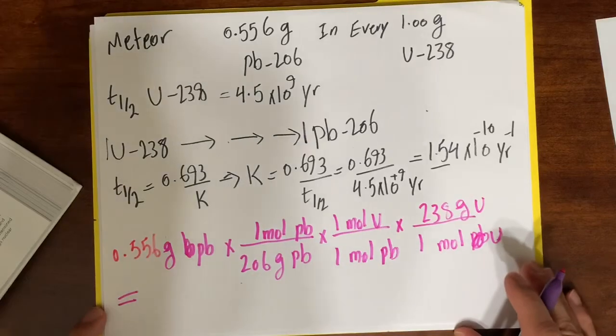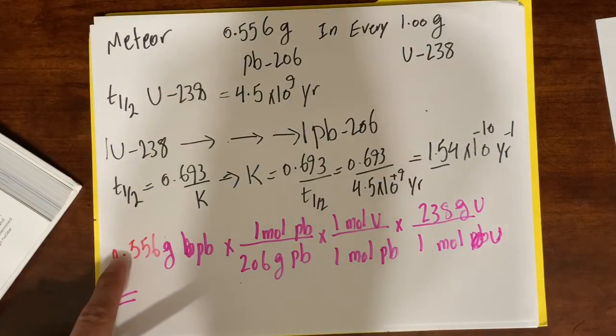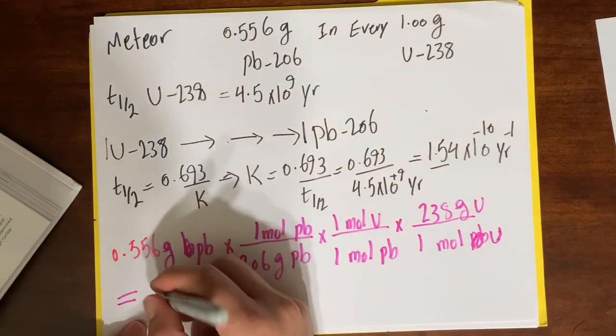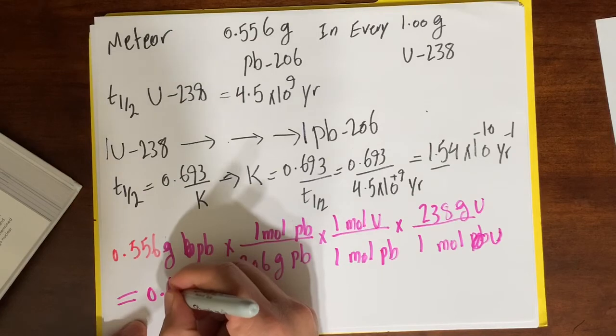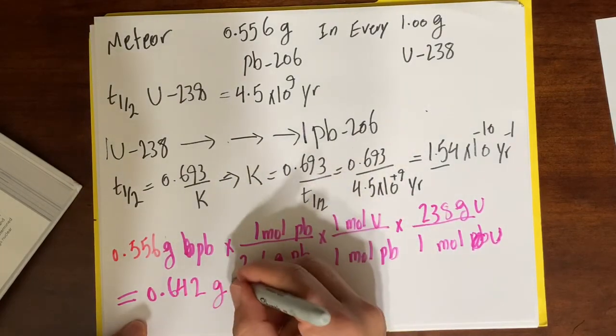So the mass that we need to start with to get 0.556 gram of lead is going to be equal to 0.642 gram of uranium.